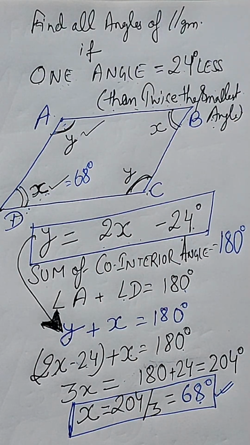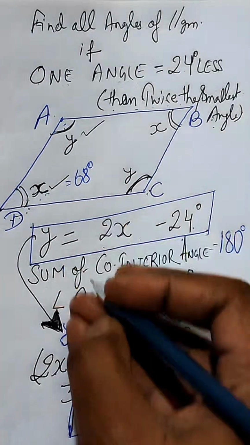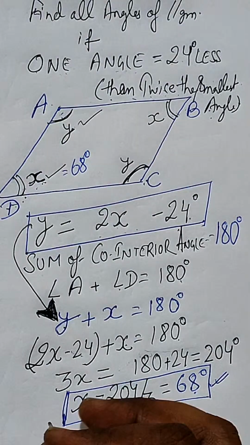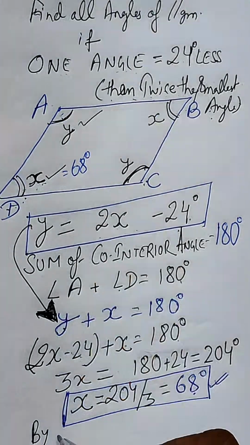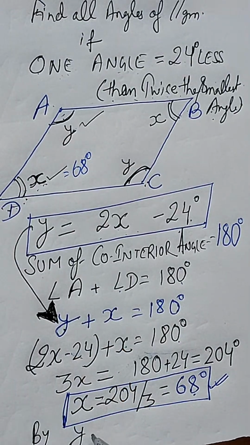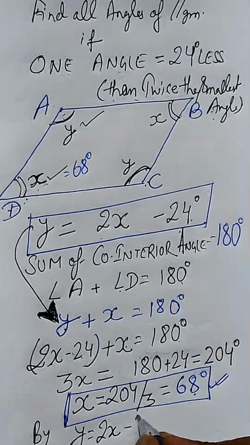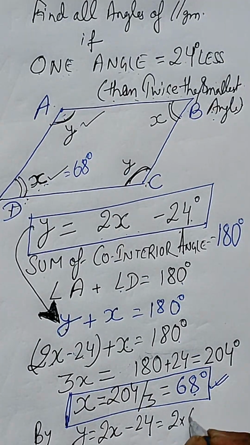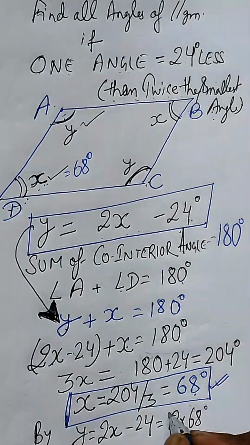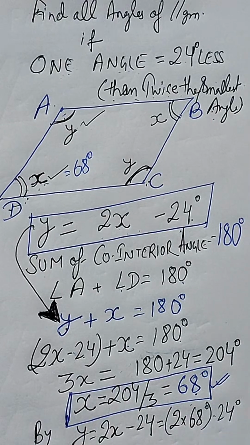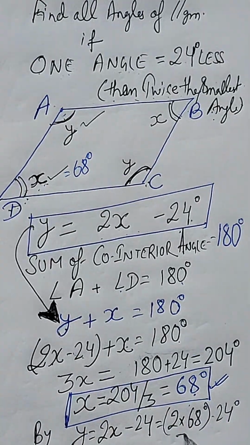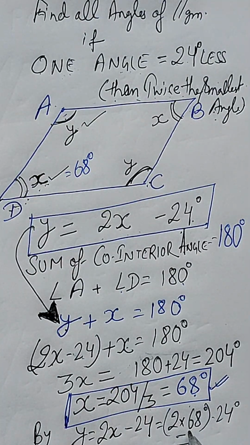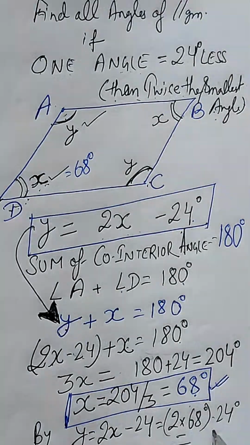Now what will be the value of y? By equation 1, by the above equation we can say y equals 2x minus 24, right? So which will be coming as 2 into 68 degrees minus 24. 2 into 68 will be coming as 136, right?